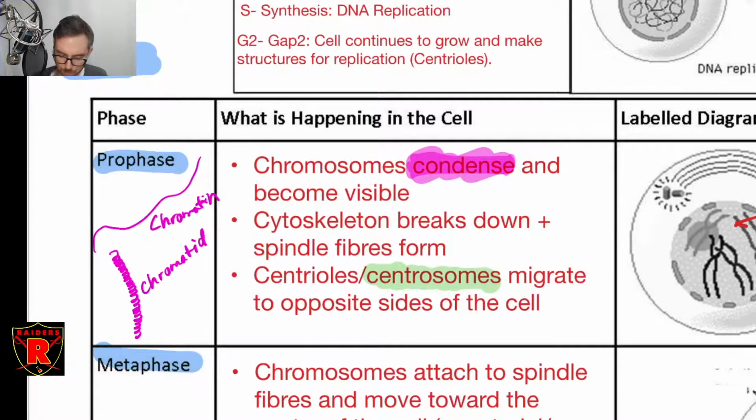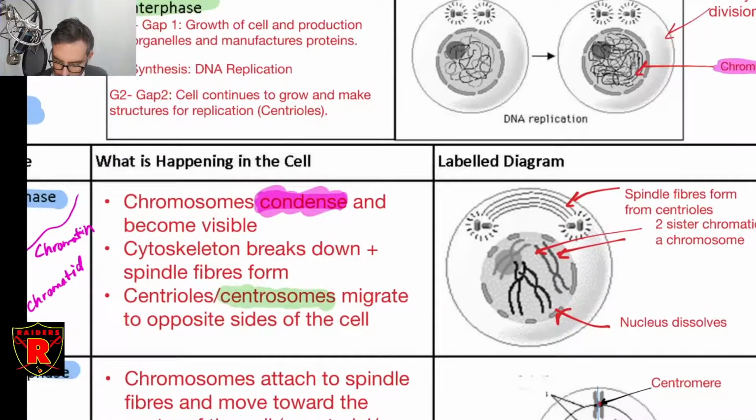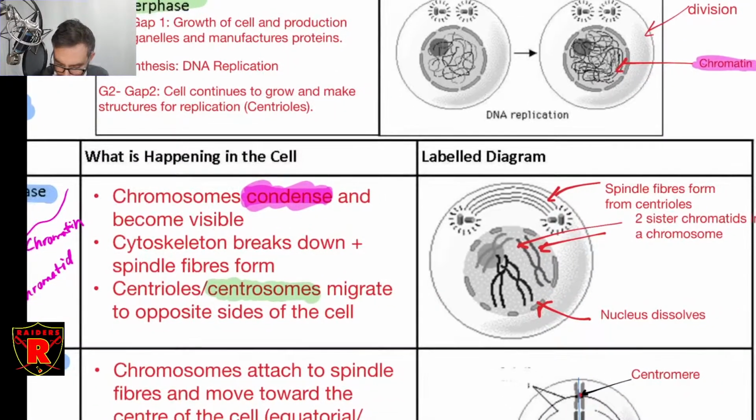We start to make spindle fibers at that point, which you can see over there. And you probably didn't talk about this in grade 10, but the inside of the cell has structures inside that actually hold the cell shape. It's like a scaffolding inside the cell. It's called a cytoskeleton.